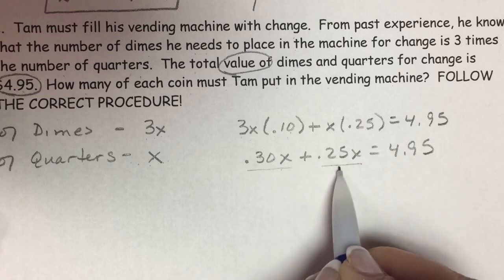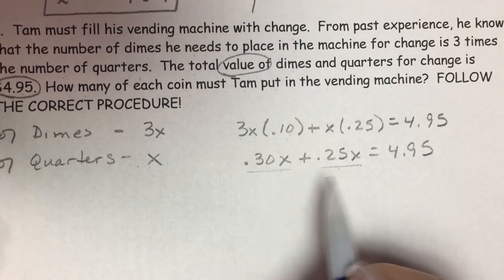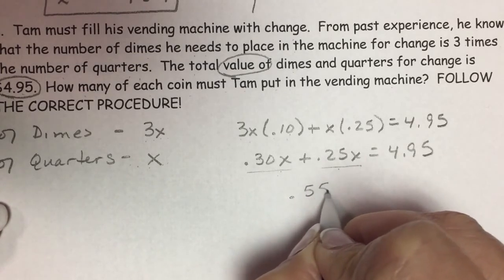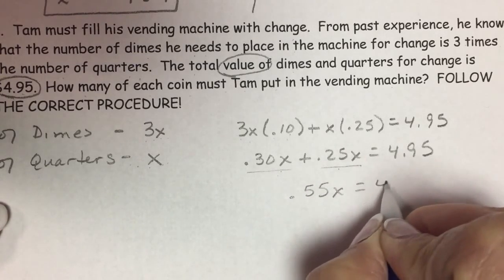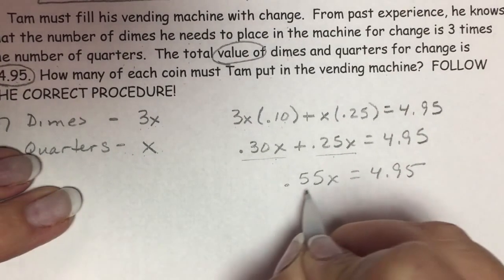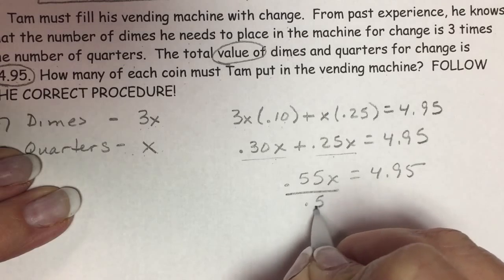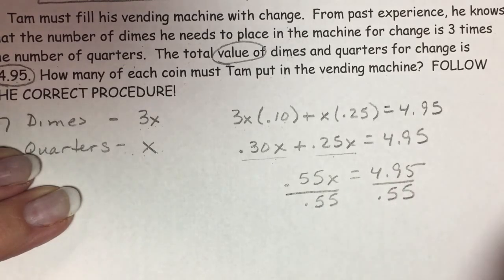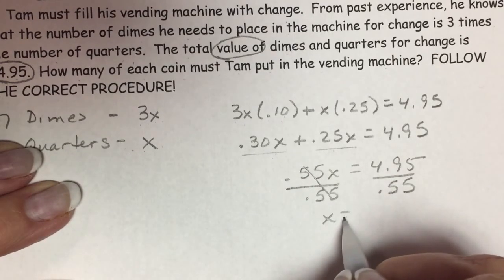I can add these together, and 0.30 plus 0.25 is 0.55x equals 4.95. We're going to divide both sides by 0.55. Those are going to cancel.